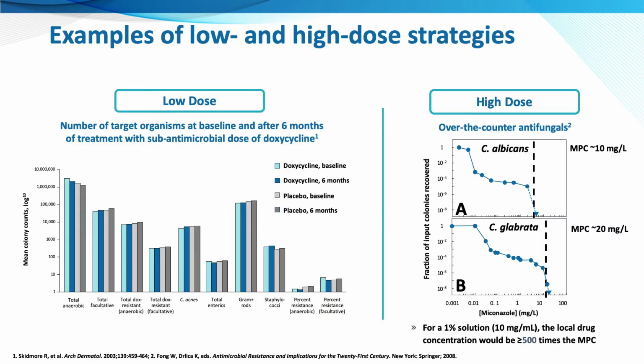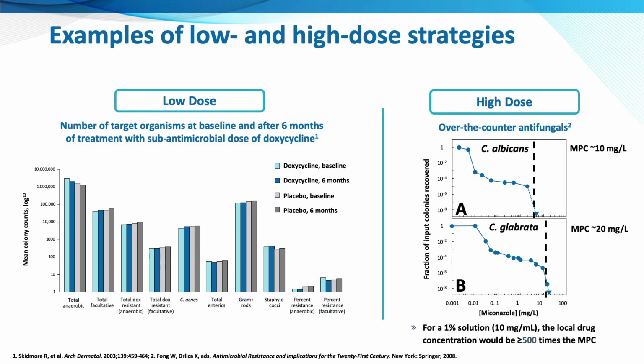Levels below the MIC are known to avoid antibiotic selection pressure and usually incorporate modes of action other than antibiotic activity to produce efficacy. You can see evidence of this in experiments with sub-MIC doses of doxycycline in acne.